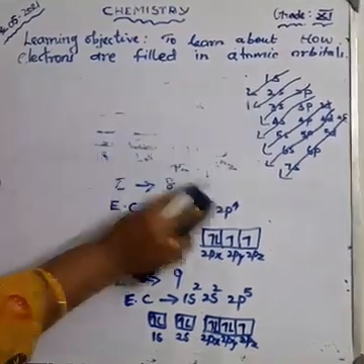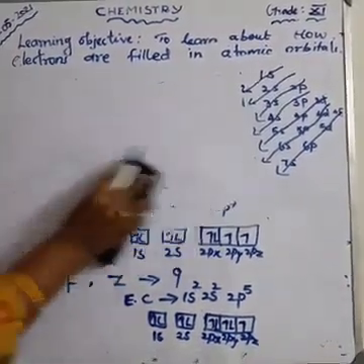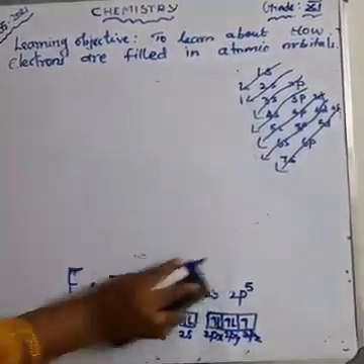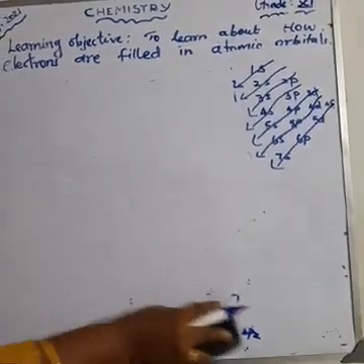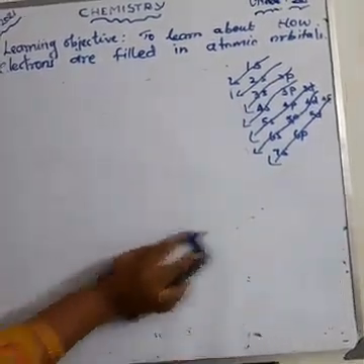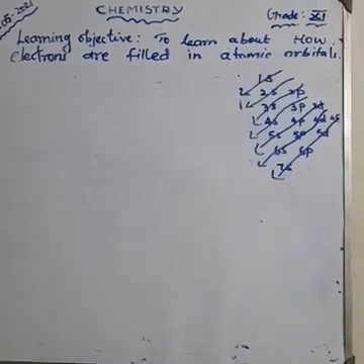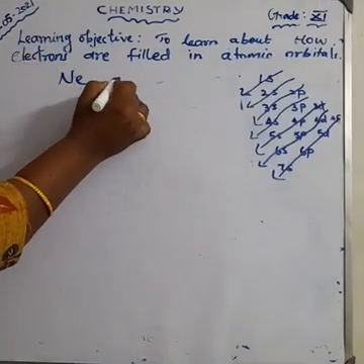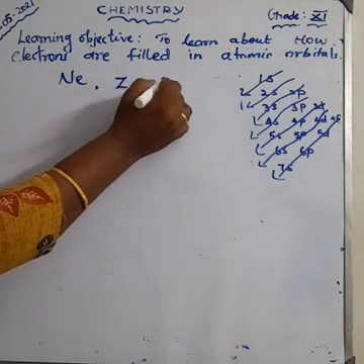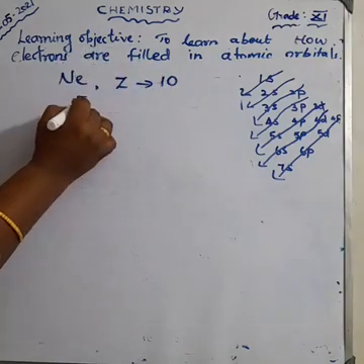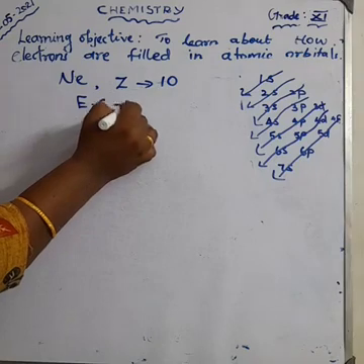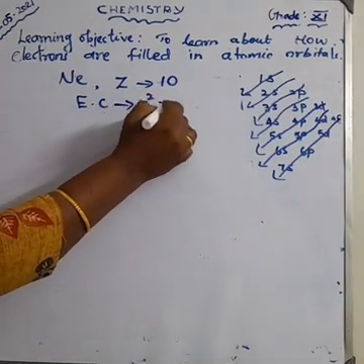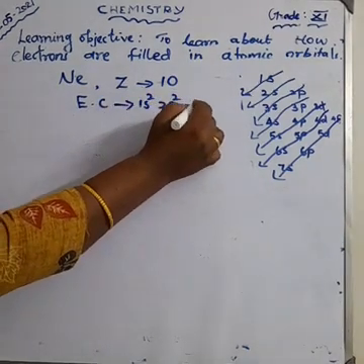neon. Atomic number for neon 10. So electronic configuration for neon: 1s2, 2s2, 2p6.